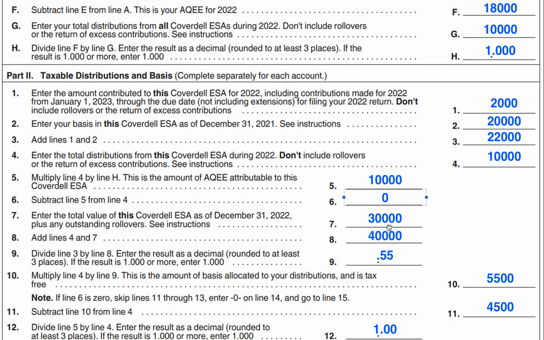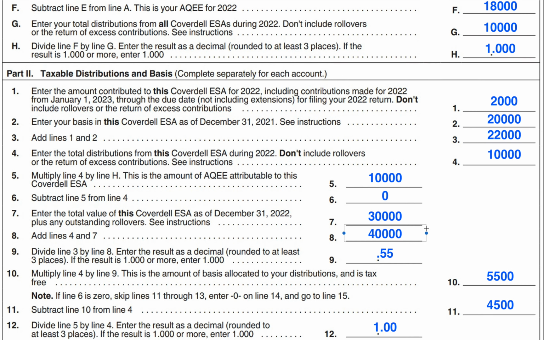And then let's just imagine that the total value of this ESA at the end of last year was $30,000. So we put that in there. We're going to add lines 4 and 7. We get $40,000. So that's the amount that was in the account and the amount that we distributed before the end of the year.